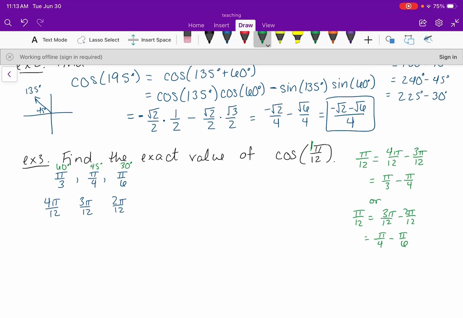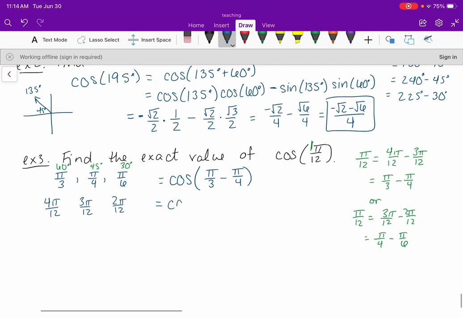So these are my options here. So this would be cosine. I'll just use the first one, 4 pi over 12 minus 3 pi over 12, which is really pi over 3 minus pi over 4.